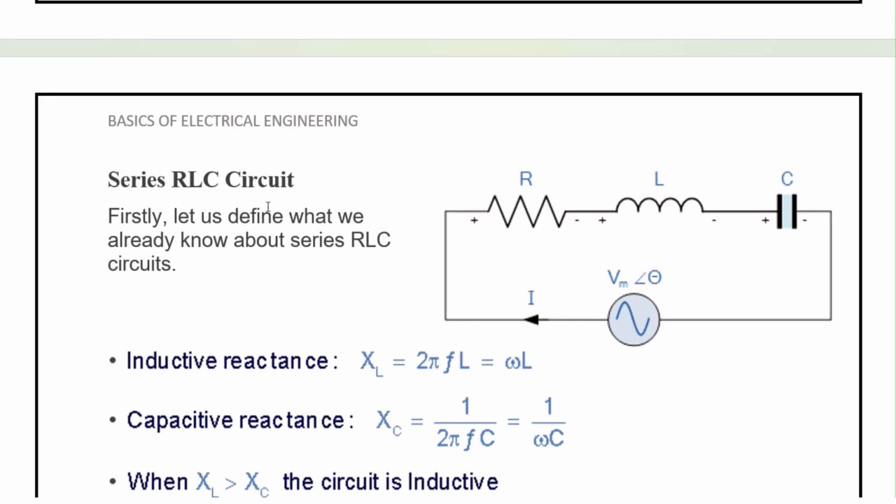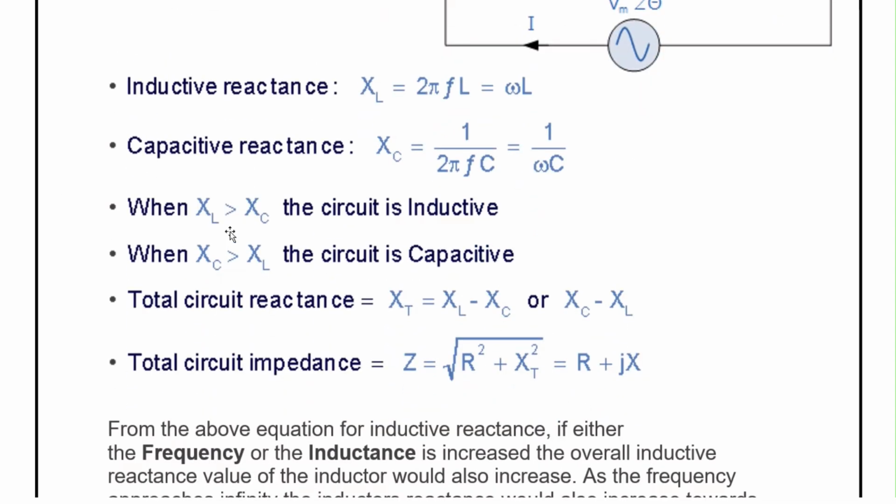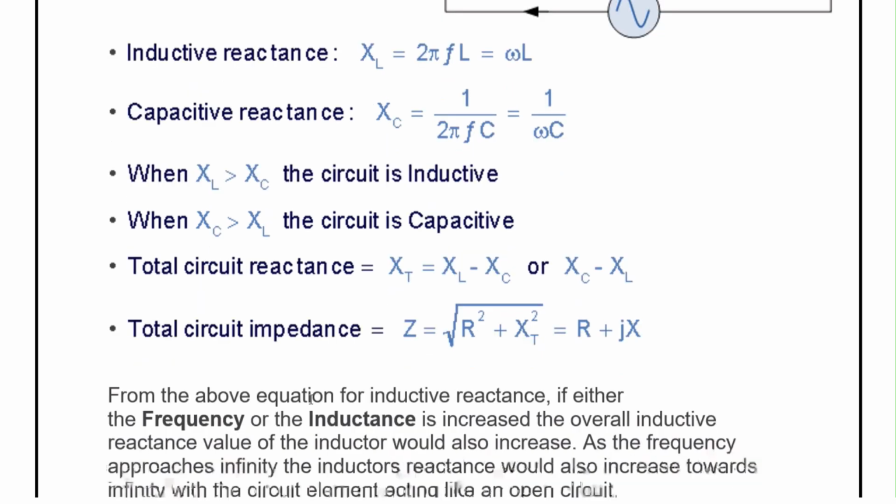In a series RLC circuit, we have XL equal to 2 pi FL, XC equal to 1 by 2 pi FC, or 1 by omega C. XL is omega L. So when XL is greater than XC, the circuit is inductive. When XC is greater than XL, the circuit is capacitive.